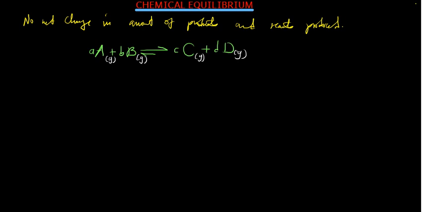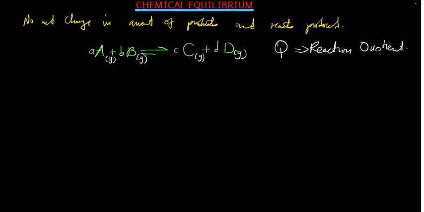Now, when you compute Q, which is called the reaction quotient, well, the reaction quotient is simply a ratio of the concentration of the products divided by the concentration of the reactants. So, reaction quotient. I don't know if you are able to see this well. Alright, so that is the reaction quotient.